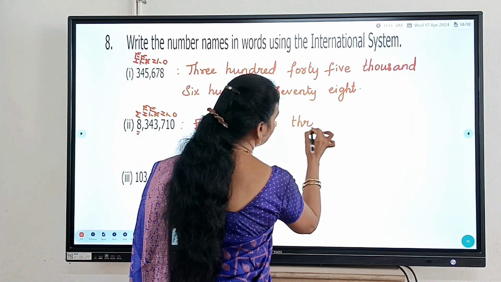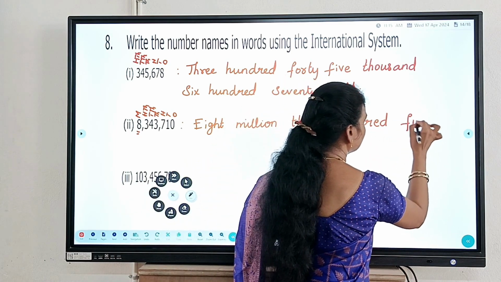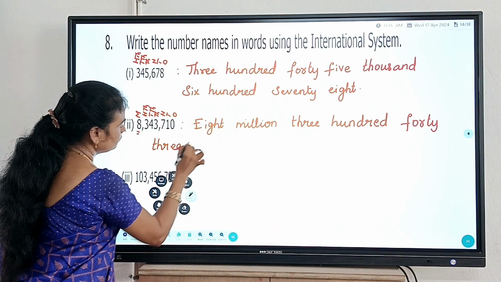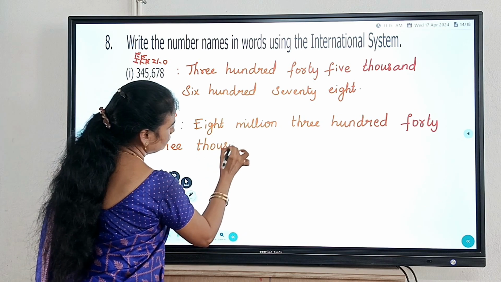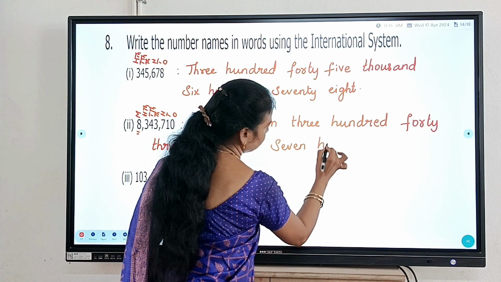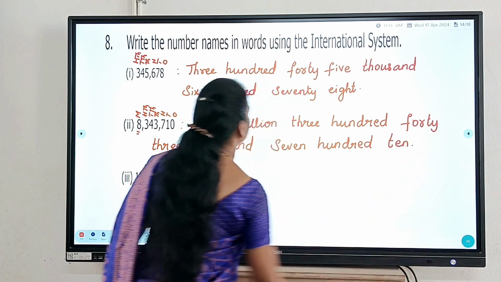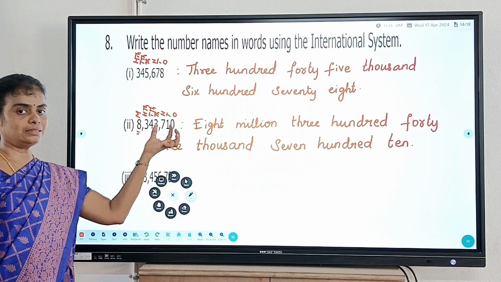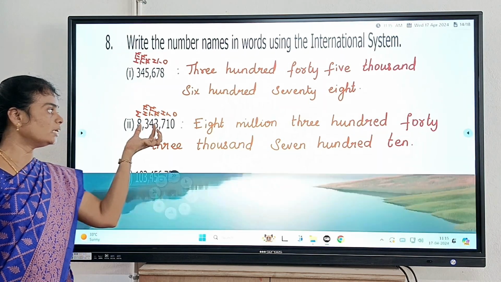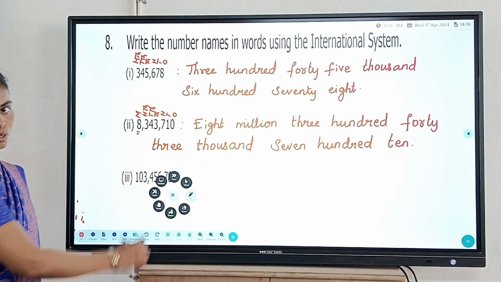So 300, 43,700, 10. Okay, so the last group of a number forms the hundreds group. The next group becomes the thousands group, and the last one is the million group.